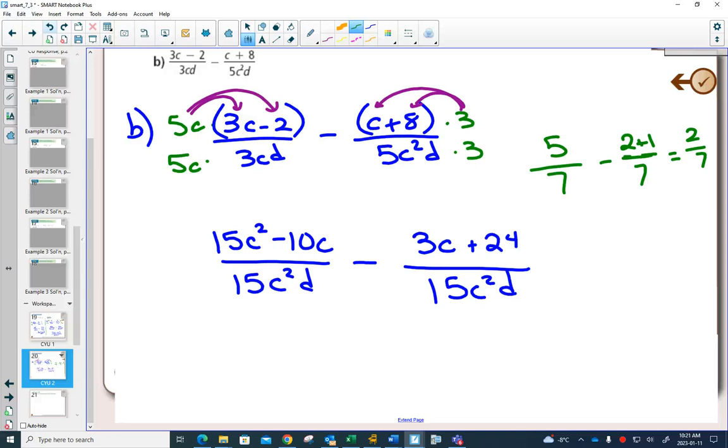But what we have in the blue is two things that you can't add together. We have 3c plus 24, but we're subtracting it. We are subtracting all of this. Just like here, you subtract 3. You don't just subtract 2 and add 1. Technically, it's obvious that you had to do this first.